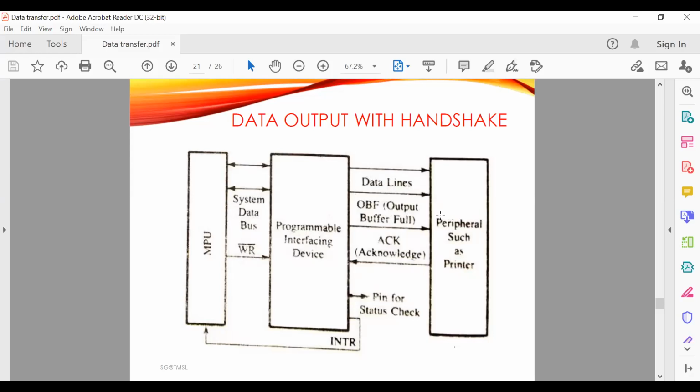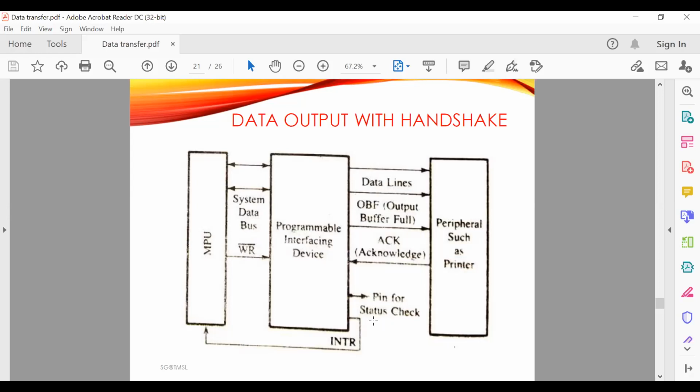Now the peripheral acknowledges the byte by sending back the acknowledge signal ACK to the device. Then this device interrupts the microprocessor to ask for the next byte, or the microprocessor finds out through the status check that the byte has been acknowledged.